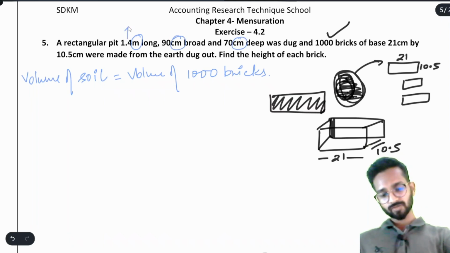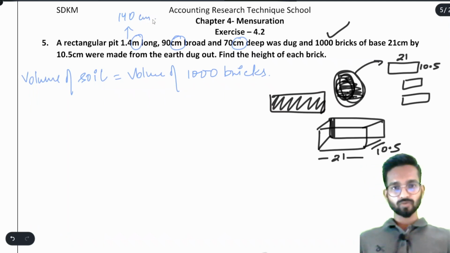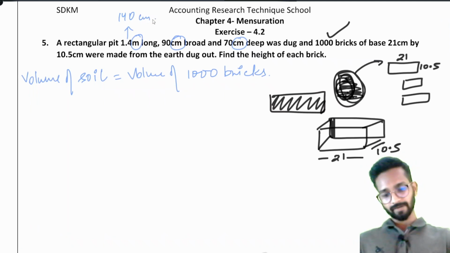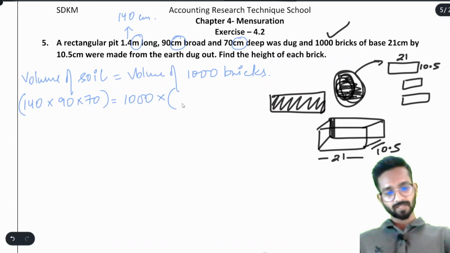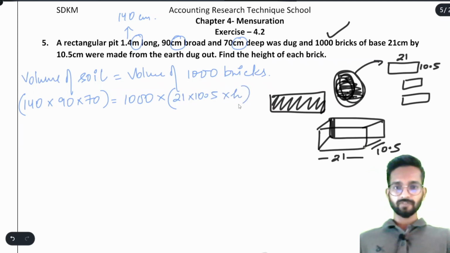So convert this into centimeter, it will become 140 centimeter. To convert meter to centimeter, we have to multiply by 100. So 140 multiply 90 multiply 70 is equal to 1000 bricks multiply length, breadth and height. Length is 21, breadth is 10.5, height is not given. That is what we are supposed to find out.